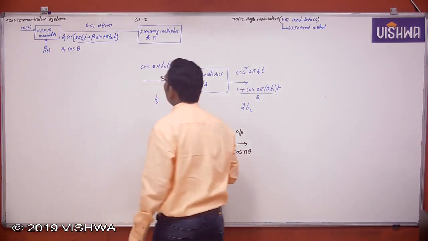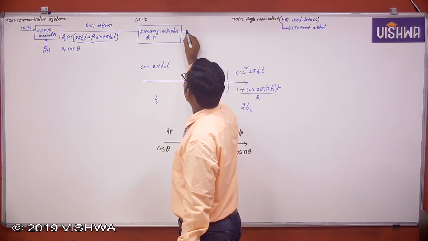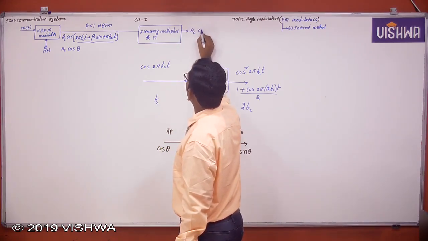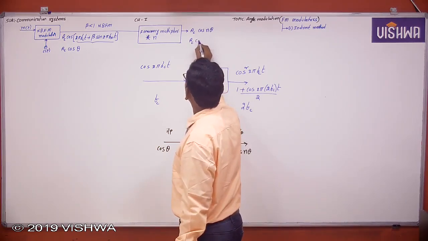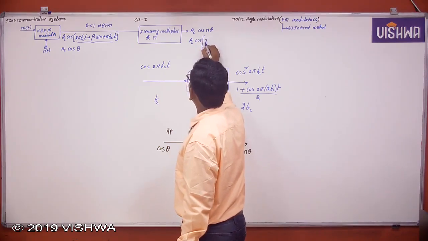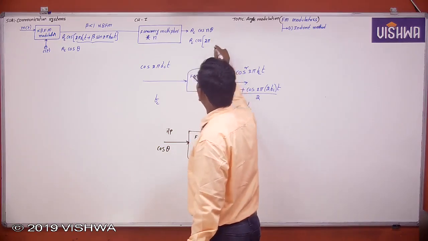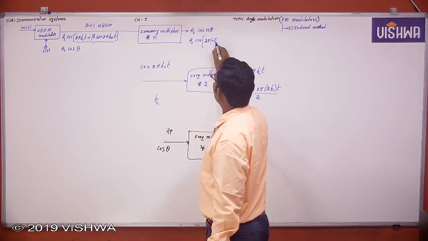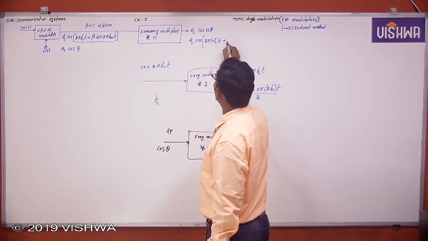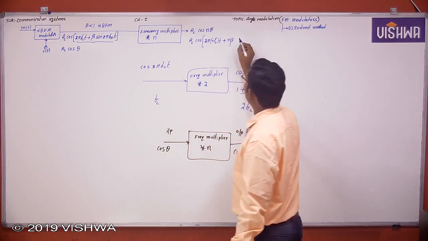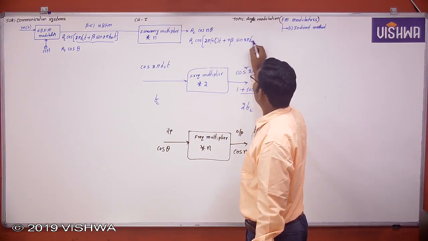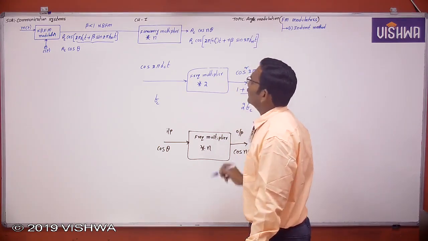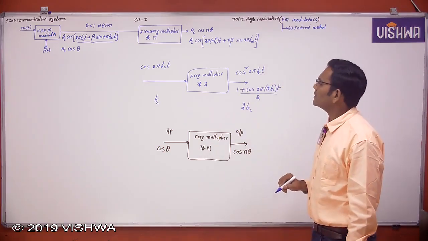If it passes through a multiplier of multiplication factor n, then this is nothing but Ac cos n theta, which is nothing but Ac cos 2 pi n fc t plus n beta sin 2 pi fm t.